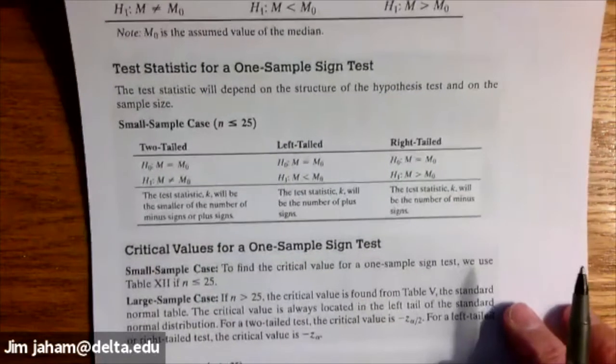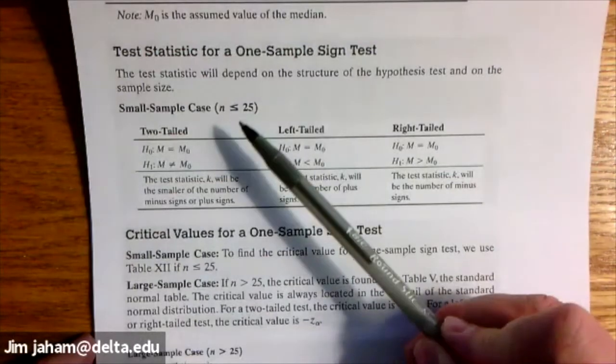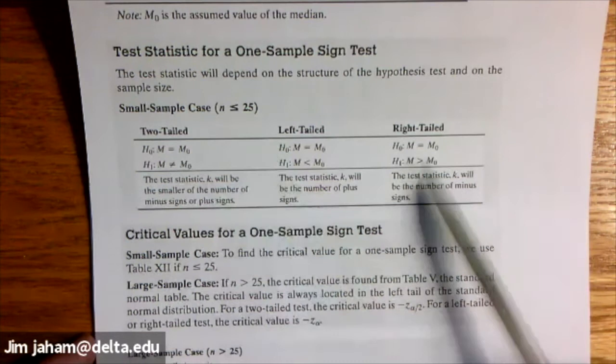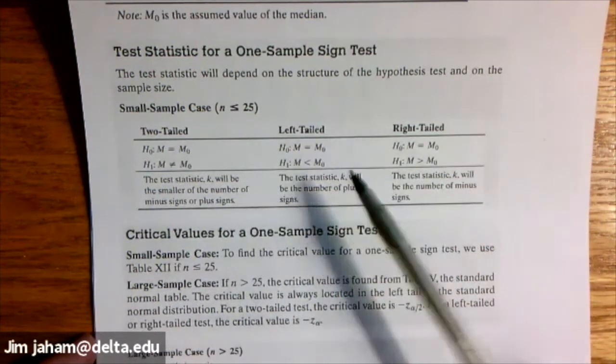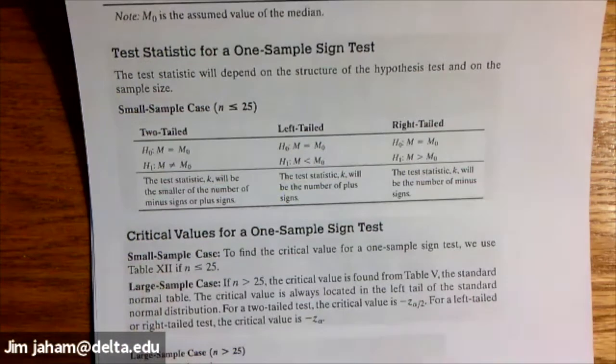There are 2 different versions of this. One is if we have a sample size that's less than 25. We're going to use this process here. And then there's another one: if we have a sample size larger than 25, then the central limit theorem guarantees that if we get into around the 30 or bigger range, the sampling distribution is approximately normal, regardless of what the original underlying population looks like.